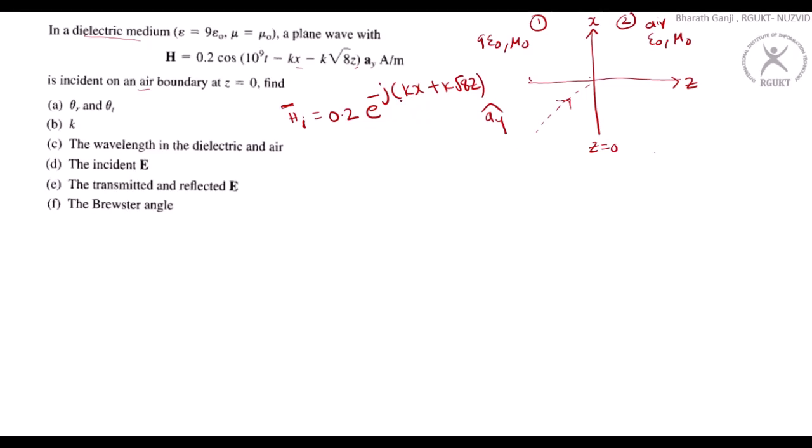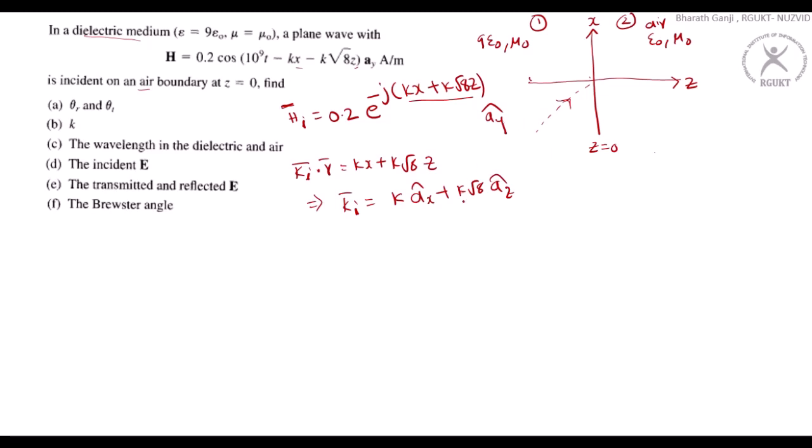If I know the magnetic field, I can see that the wave direction is given by this factor, because ki bar dot r bar is actually kx plus k root 8 z. So this implies that the incident vector ki bar is k times ax cap plus k root 8 times az cap.